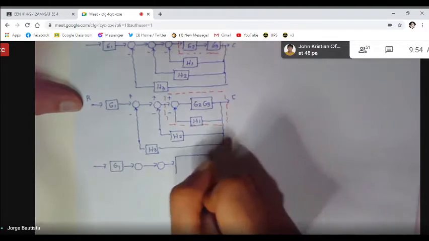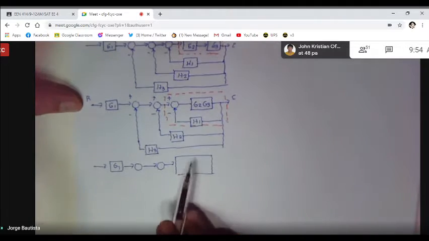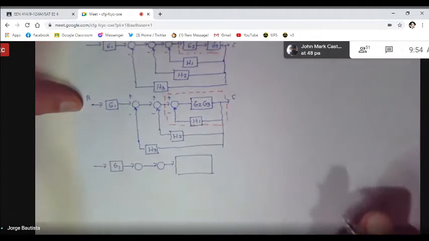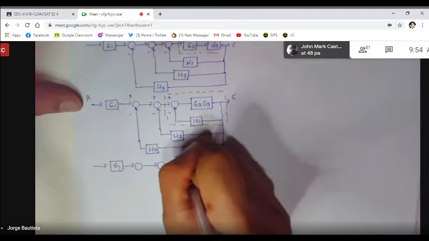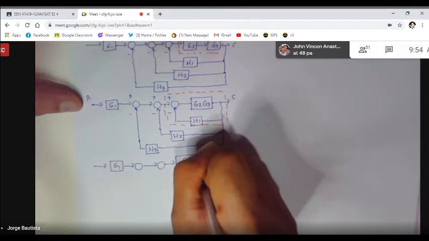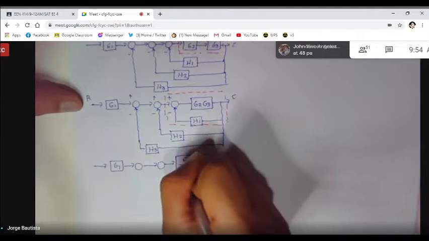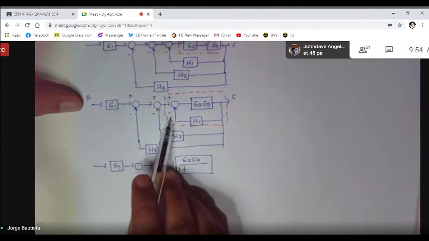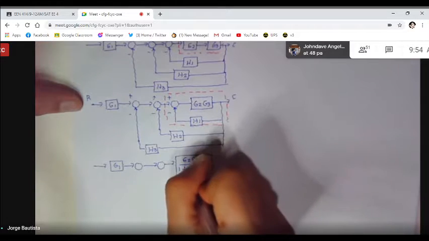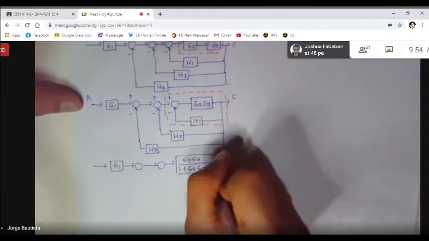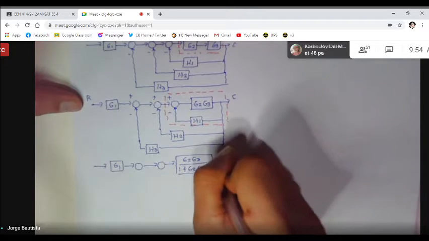Laking block diagram. Ang laman nito, no, ay sabi natin G2, G3, all over. So, you have 1 plus, kasi this one is minus, 1 plus G2, G3, H1. Okay, ayan.